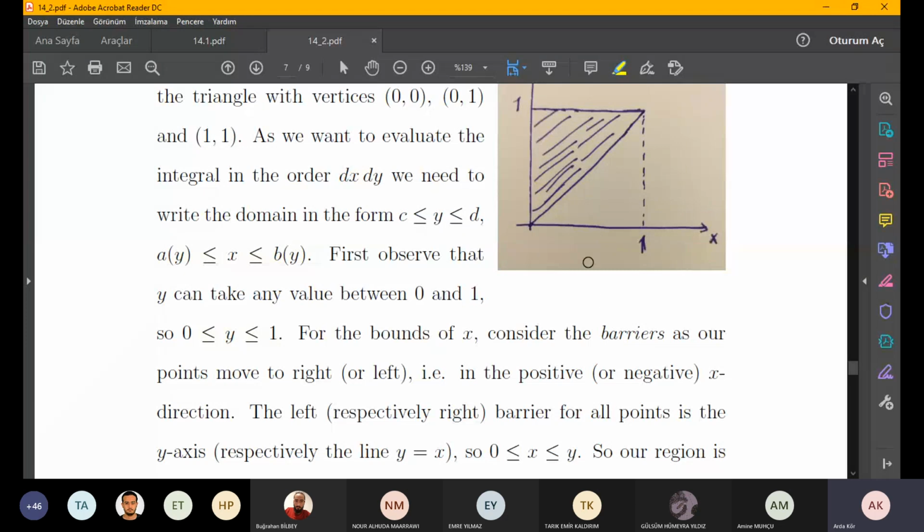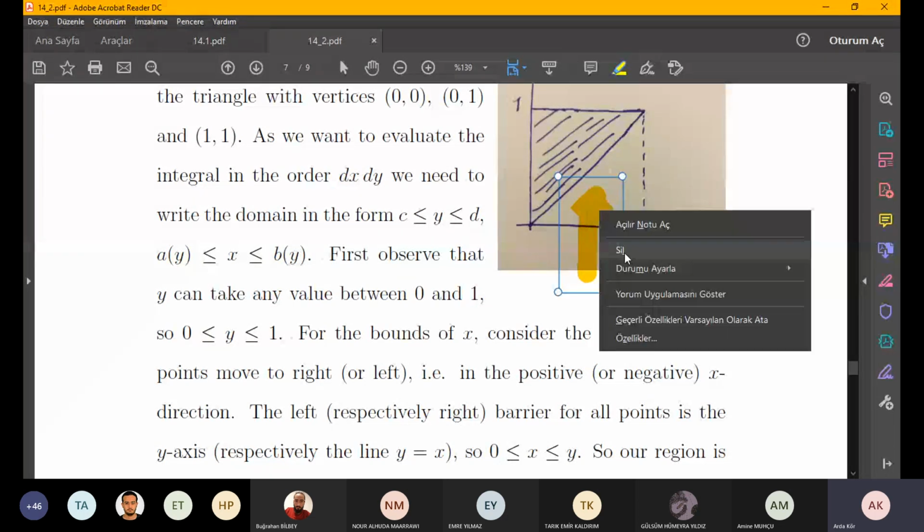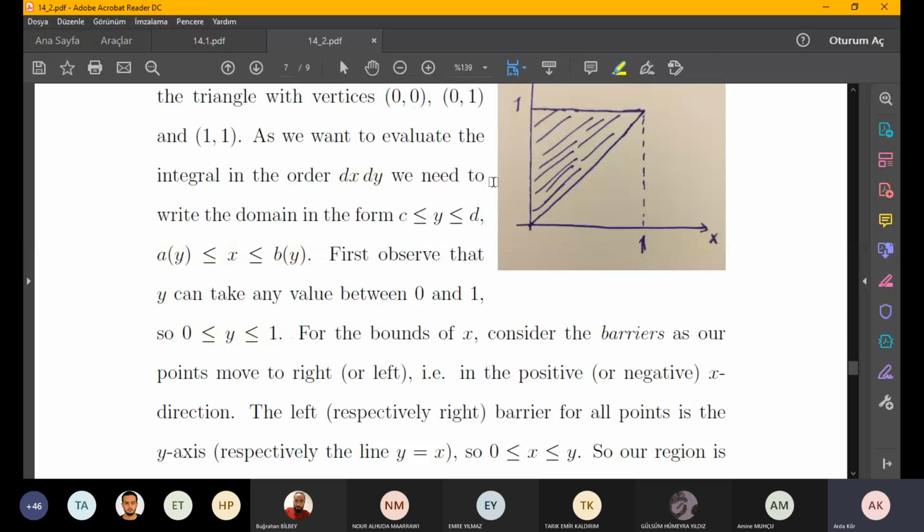So we can just first find the lower limit. If you come from that direction, then this will be the lower limit, and this will be the upper limit of the integration. The first one is here, the y-axis, which is the x equals 0 line.